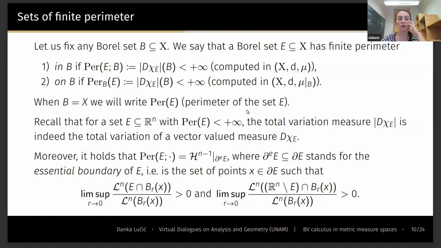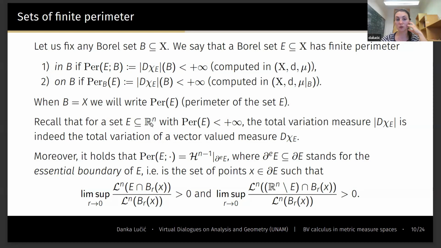So just to remind from the classical setting what this notion is. The perimeter of E in the classical setting is the total variation of the characteristic function, and actually this total variation is the total variation of the vector valued measure that exists. In the general metric measure space setting, as we will see in a moment, this does not necessarily exist.